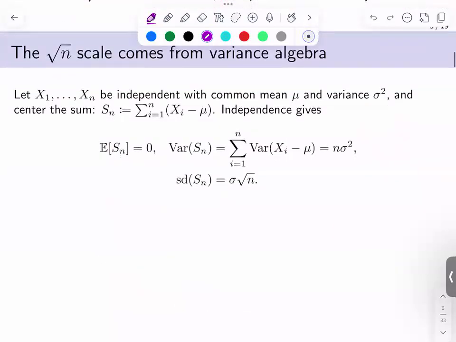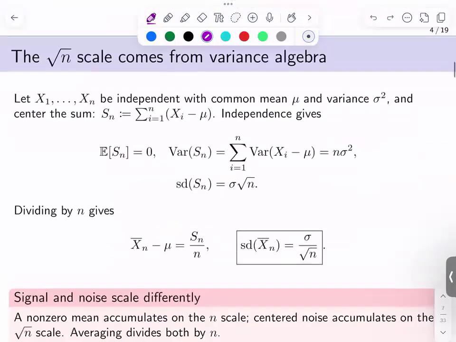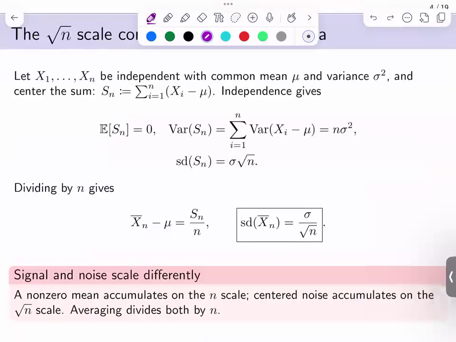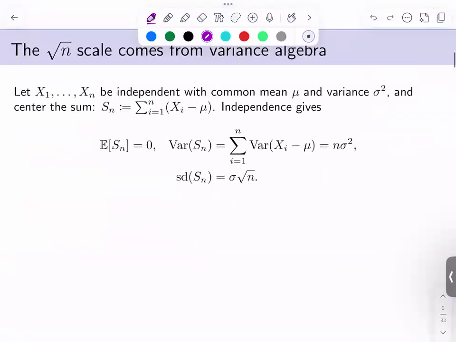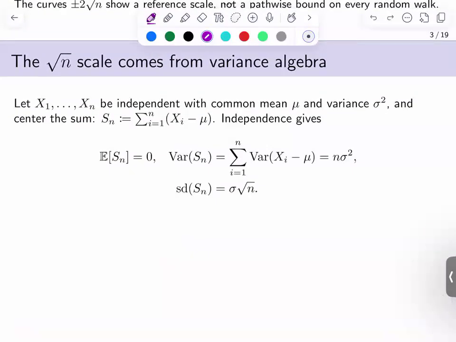Yeah, so this is just a simple calculation. You can do it with the sum, or you can do it with the average. In this case the things would be zero, but in general you'd subtract the mean. So look at xi minus mu, define Sn to be the centered sum, and the expectation would be zero.